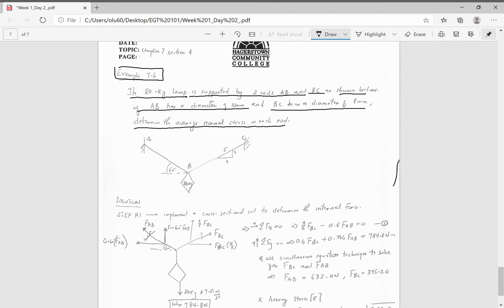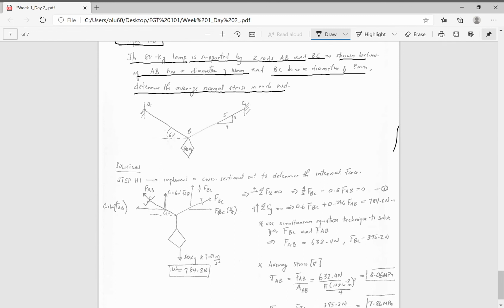When we draw our first free body diagram, we just want to know what's going on internally in these rods. It's anchored to a wall or some kind of immovable post, and you have this 80 kilogram lamp hanging.